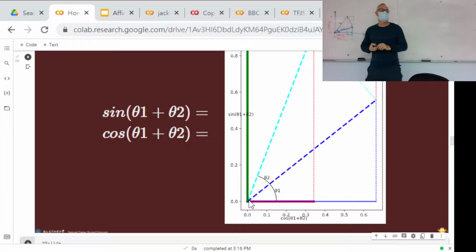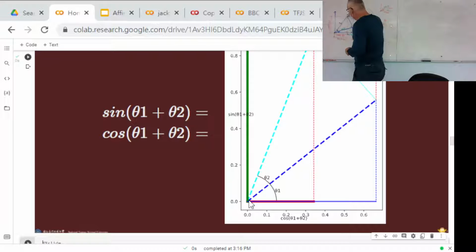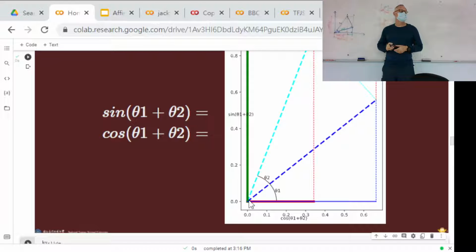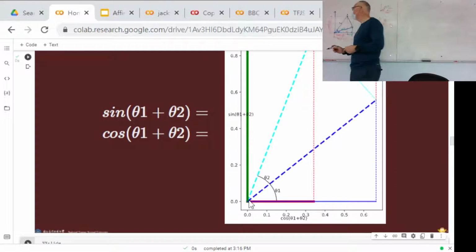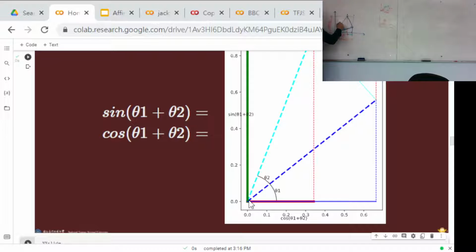If I draw this part, this is what I want to subtract. So what is this length here, from here to there? If this is cos beta, then this is sine beta, yes. We have a 90-degree angle, unit length, so this is sine beta.